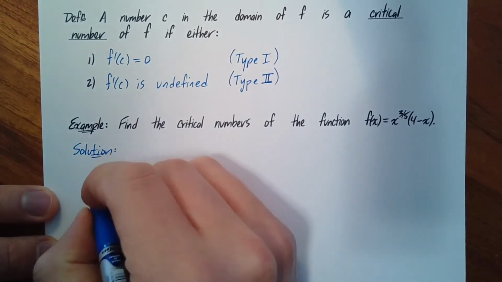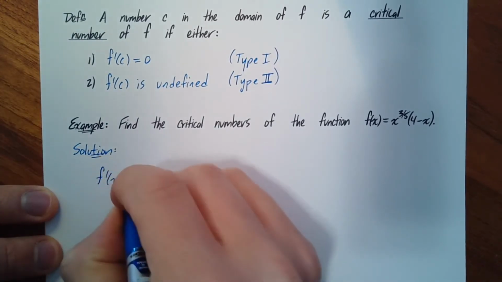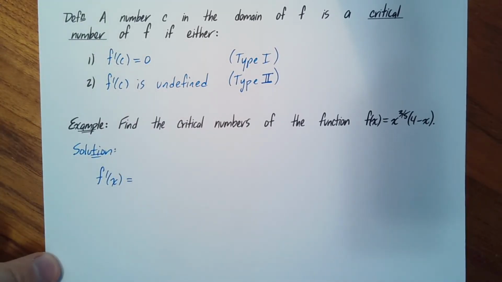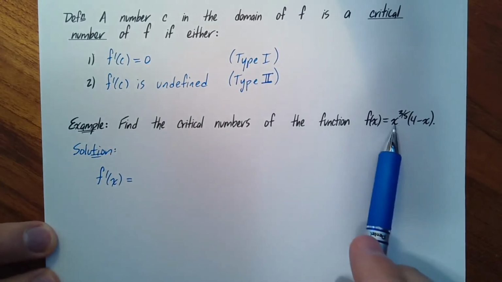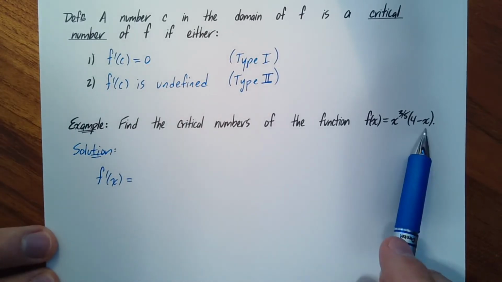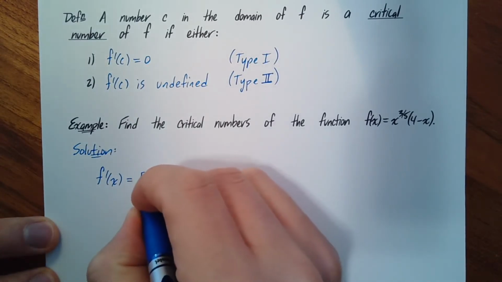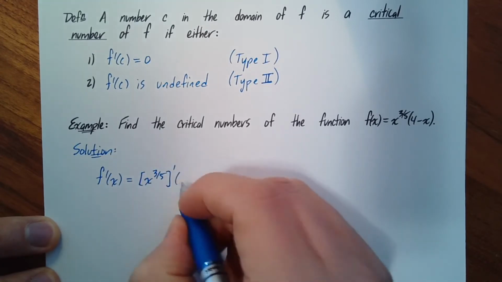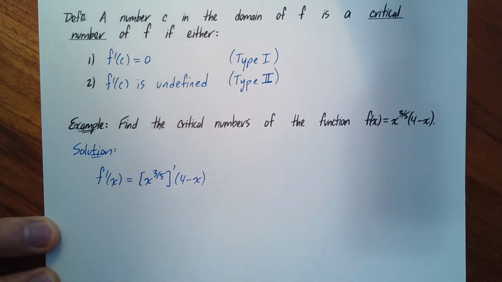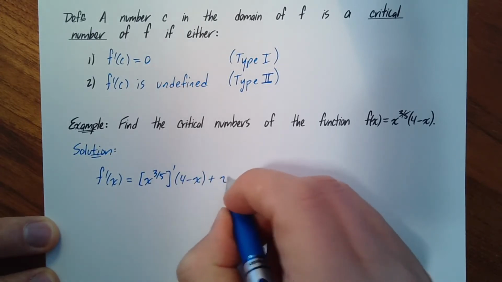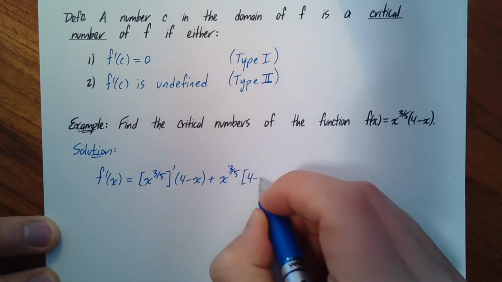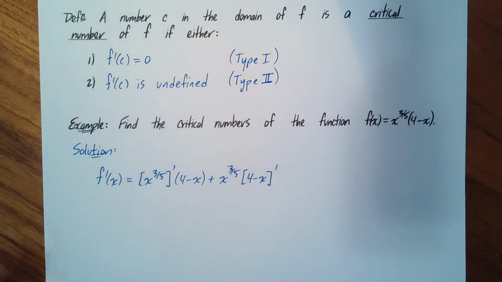So f prime of x, and we can use the product rule. That's one way to take the derivative here. It's not the only way, but that's what I'll go ahead and do. So the derivative of this function using the product rule, we're going to get the derivative of x to the 3/5 times 4 minus x, plus x to the 3/5 times the derivative of 4 minus x.